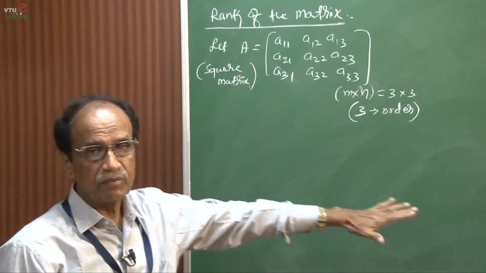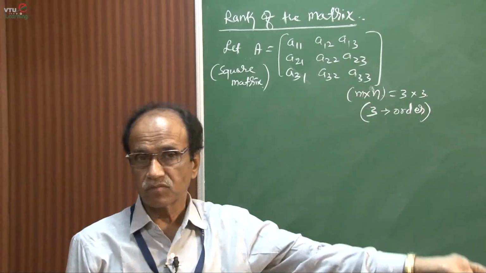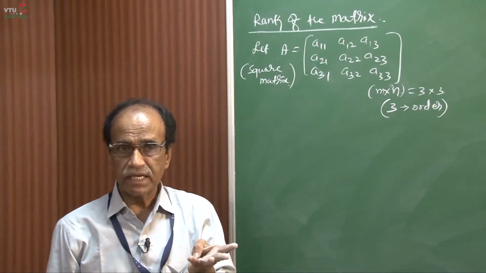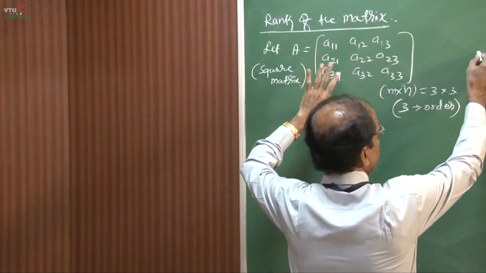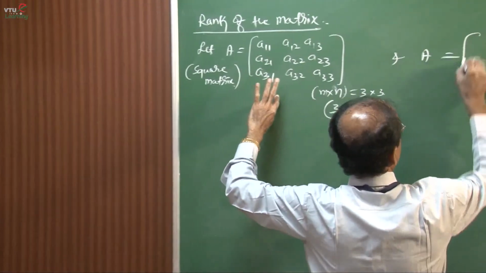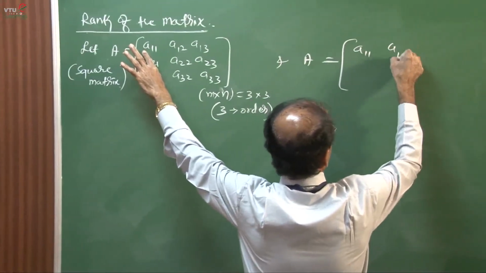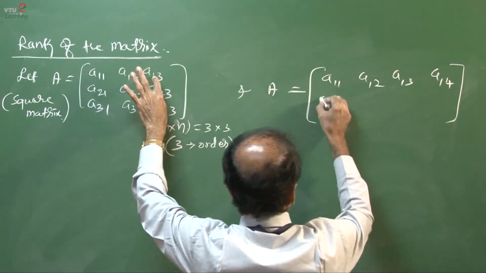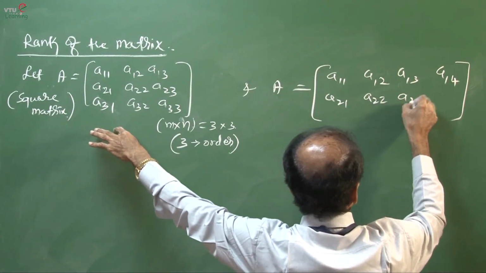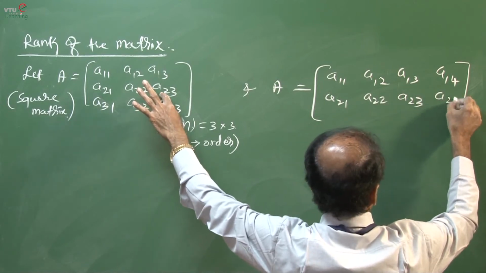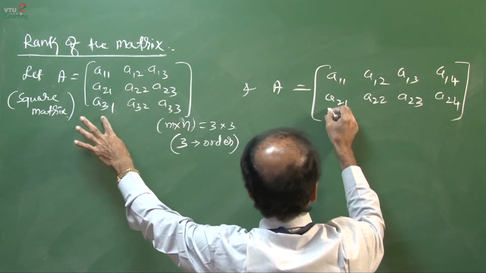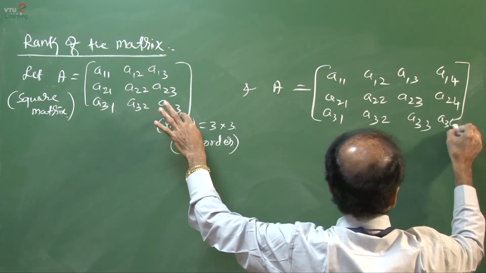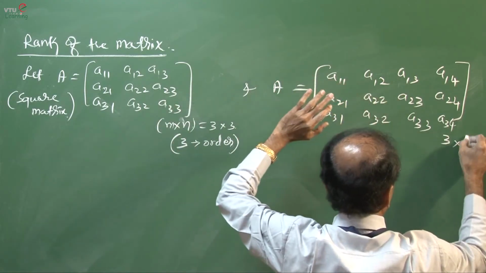Now, in the next example I will take a non-square matrix. How do we calculate the rank for the square matrix and for the non-square matrix? For example, a non-square matrix: A11, A12, A13, A14, then A21, A22, A23, A24, one more column extended, and A31, A32, A33, A34. This is 3 rows and 4 columns.